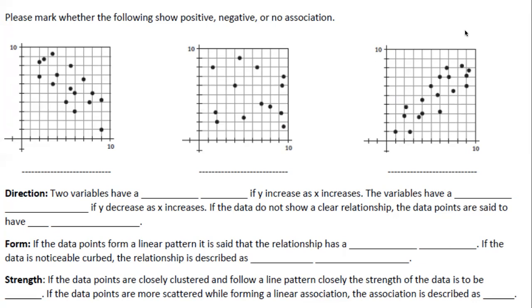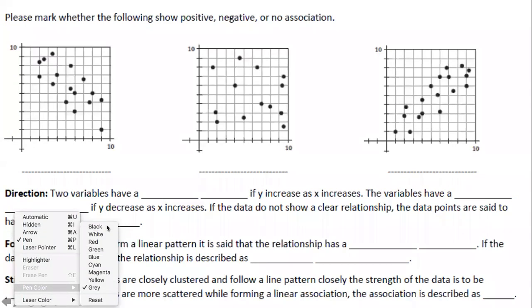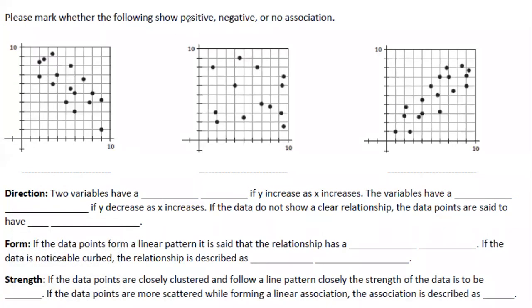If you haven't written anything down, this is the point where I would write our vocabulary words. How do I move this thing? There we go. Okay, so we want to first talk about, there's 3 different descriptors we're going to use: direction, form, and strength. So let's first talk about positive, negative, or no association.